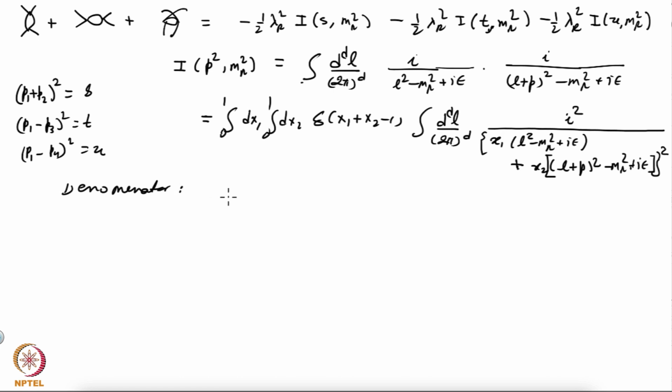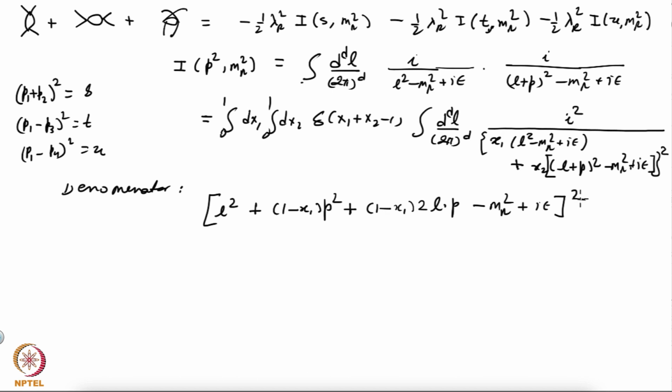So check that the denominator will be this: L² + (1 − x1)P² + (1 − x1) 2L·P − m_R² + iε, squared. That's what you'll get.